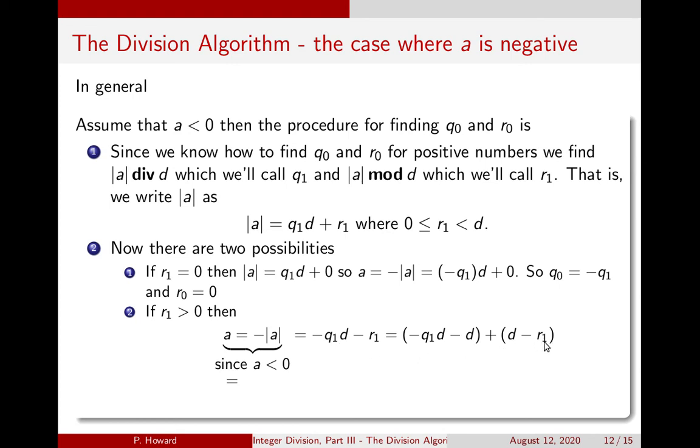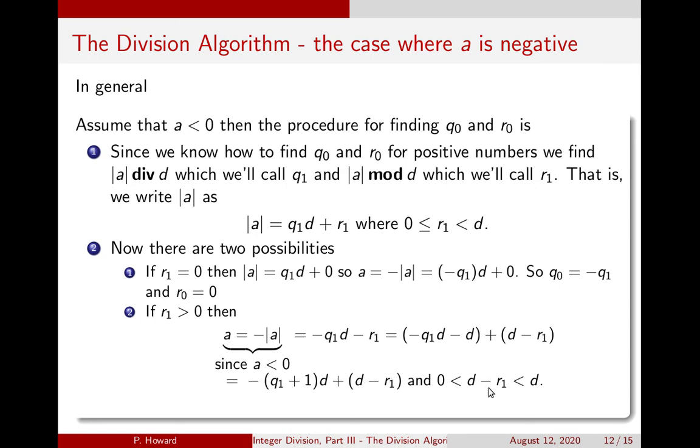The results look like this. We've added d to the remainder, and we have subtracted d from the minus q1 times d. And then doing a little bit of algebra, minus q1 times d minus another d will be minus the quantity q1 plus 1 times d. And d minus r1 I haven't changed here.